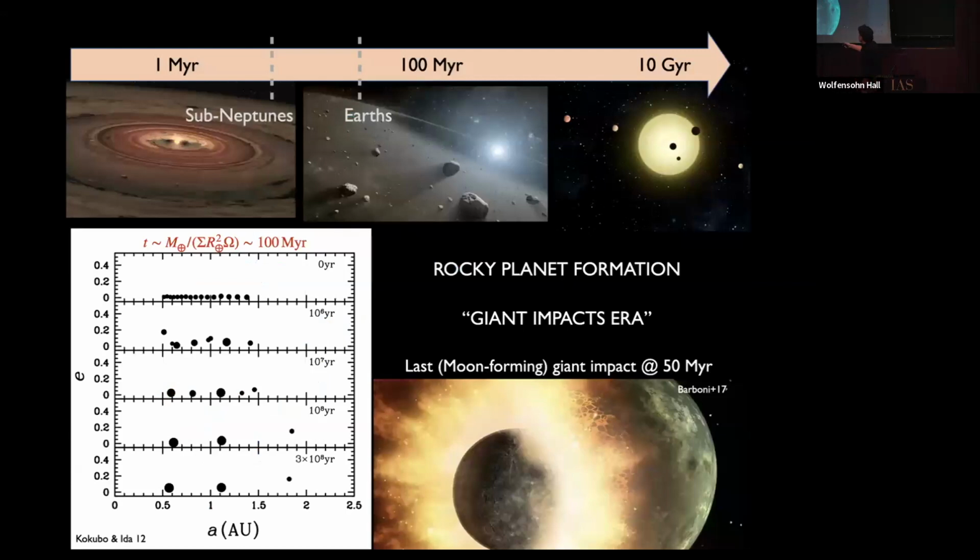It takes up to 100 million years to accumulate the Earth at 1 AU. This back of the envelope calculation is borne out by n-body orbital integrations. It's also borne out by radioisotope dating, which dates the last giant impact that formed the moon to have occurred 50 million years after the birth of the solar nebula.